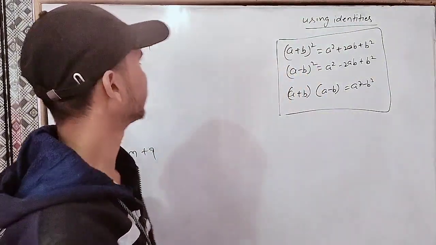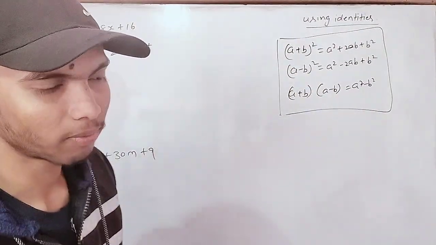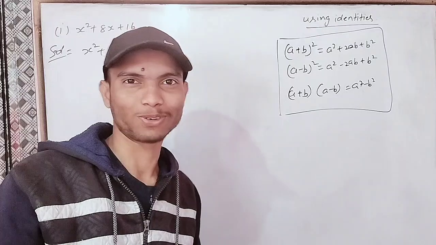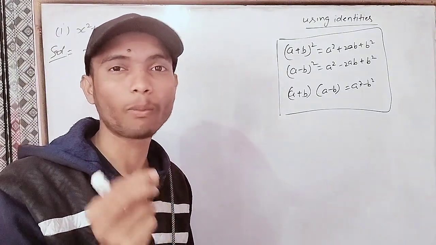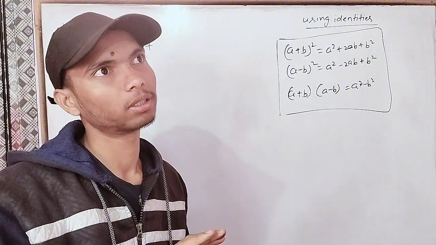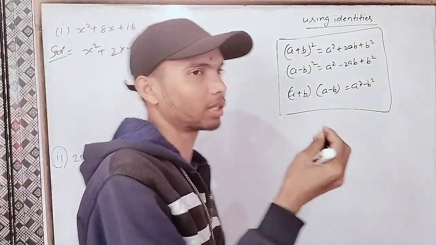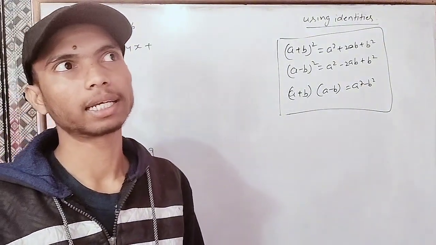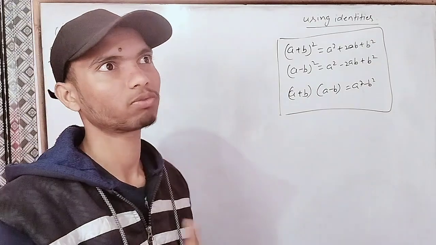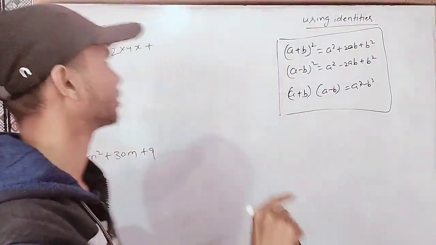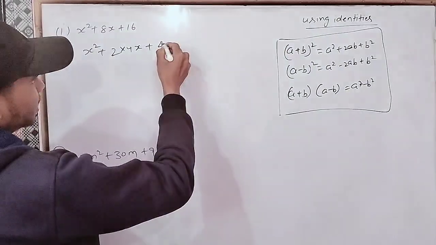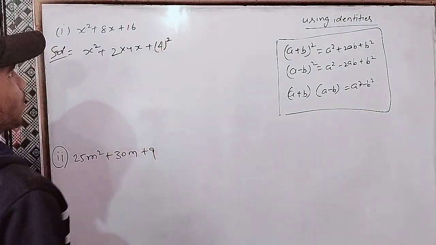So here we can only write 4, 4. So 4 is a base, and here we write our exponent which is 2, and then our base would be 2 times 4 times 4, which would be 16. Here we have 16.